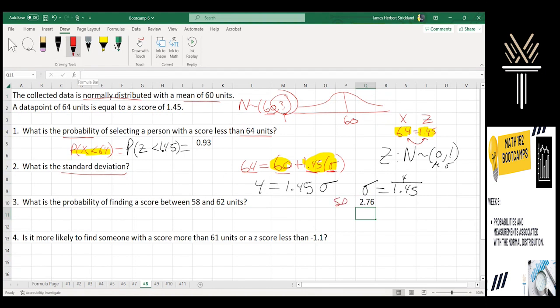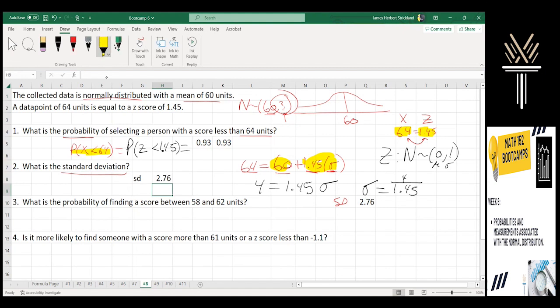So now we know it. And if we want to go back and verify that it works, we could say equals NORM.DIST of 64, given our mean is 60, and that 2.76 number. I'm going to click it because it may not be exactly 2.76. Always true. And notice, same probability. But nonetheless, we know our standard deviation. It's just this calculation right here.